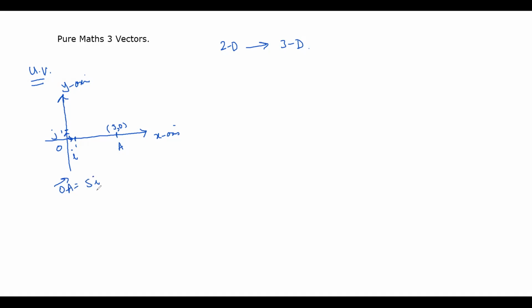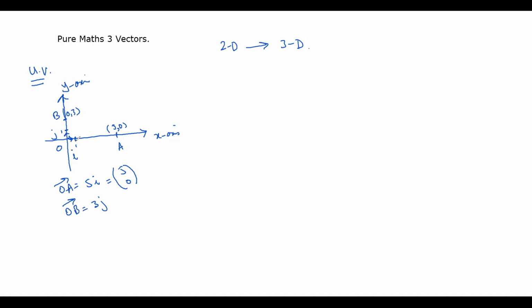5i. This OA is 5i. And you also know that this can be written as (5, 0). Okay. This is 5i, its column vector is (5, 0). And suppose here there is a point B and its coordinates are (0, 3). So you should be able to say that this OB is 3j, okay?